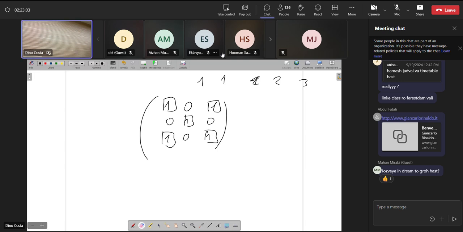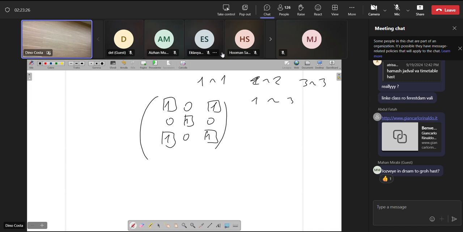So 1 is related with 1, 2 is related to 2, 3 is related with 3, but also 1 is related with 3. So suppose that we have the set 1, 2, 3, and we partition it into subsets: the set of odd numbers and the set of even numbers.